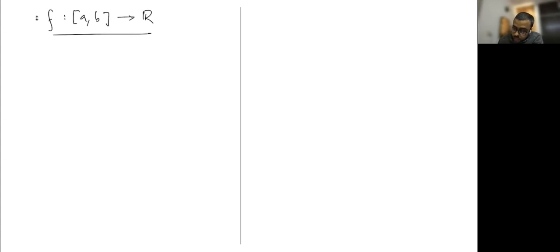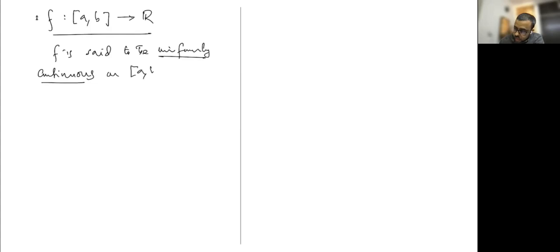So you say that f is uniformly continuous on, again, I'm defining it just for simplicity on an interval, but it could be any set E where f is defined, and you can define this notion on that set.